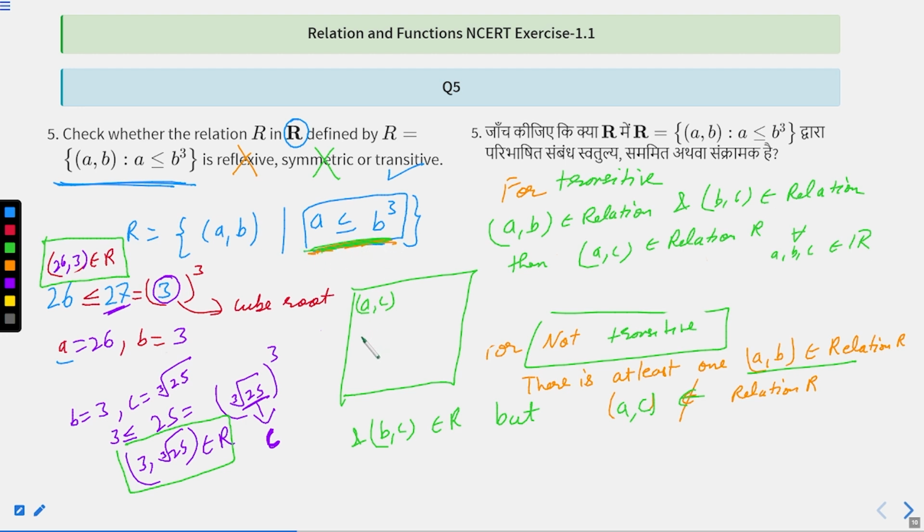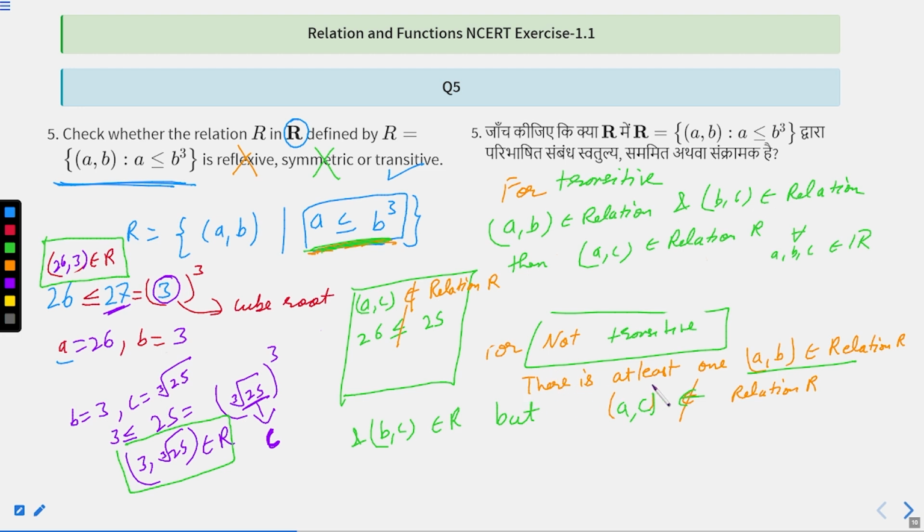Let's check. a is 26. Is 26 less than or equal to c cubed? c cubed is 25. Is this true? No, it is not true. So this means (a, c) does not belong to the relation R. So as you can see, it is not transitive.